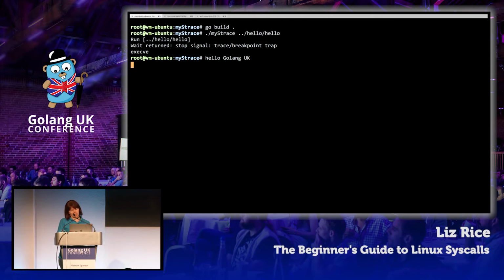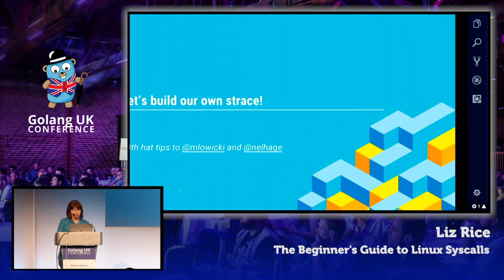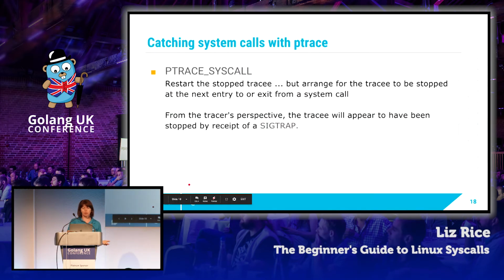So now what I'd like to do is have the program run on to the next system call so I can trace that out. And there is, conveniently enough, a ptrace subcommand called PTRACE_SYSCALL, which does exactly that. It arranges for the tracee process to stop the next time we hit a system call.